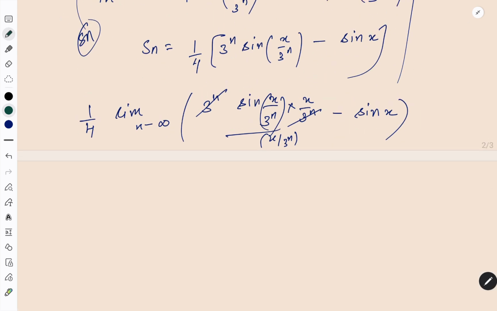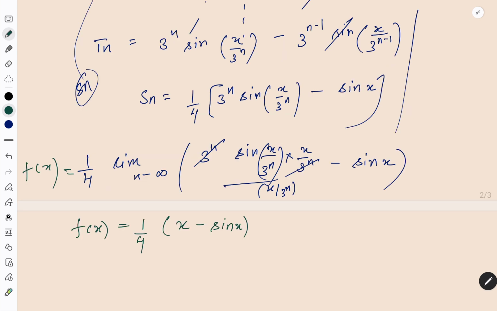So after finally evaluating the limit, I think this was initially f(x), so my f(x) comes like 1/4 times (x minus sine x).